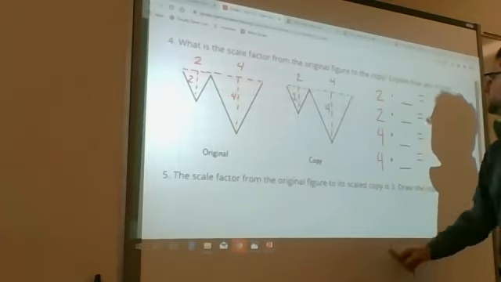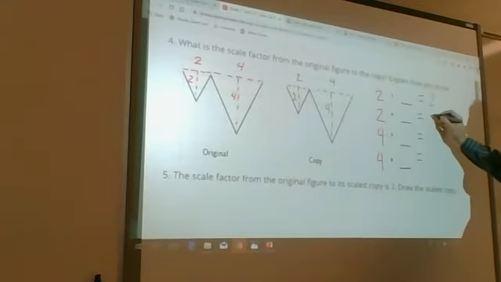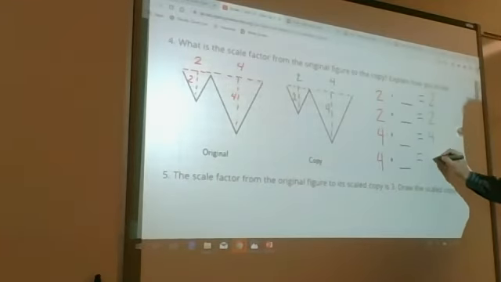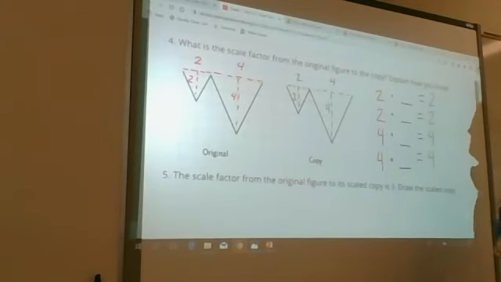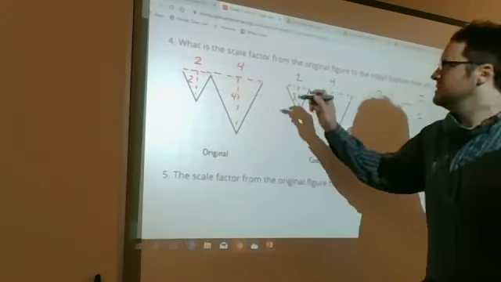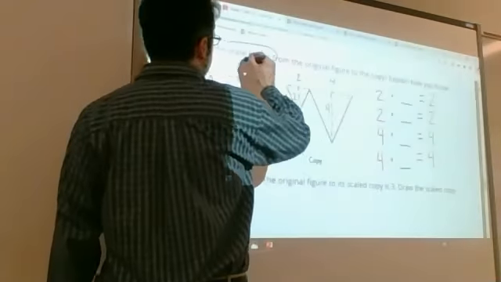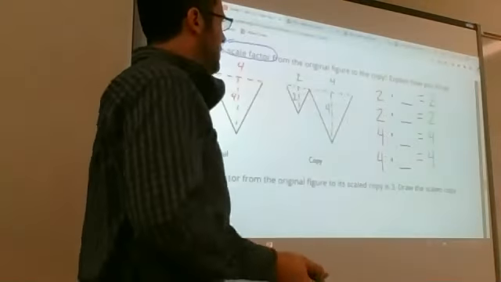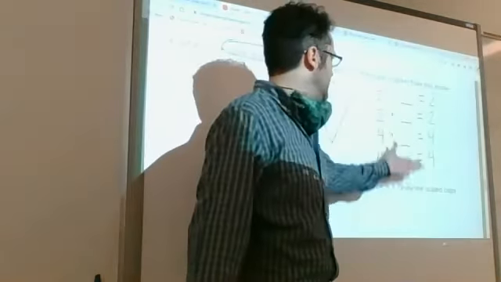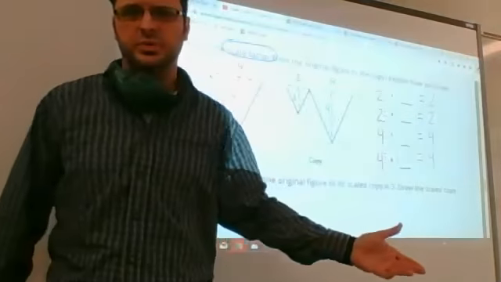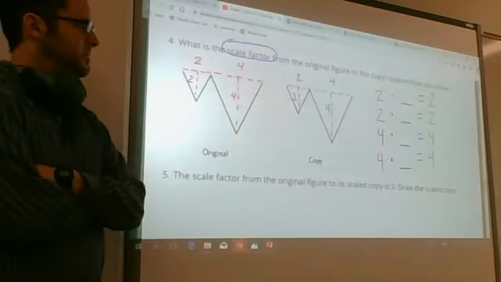Then our copy is also 2, 2, 4, 4. So what is the scale factor here? What number can I put in all these blanks to make this true? 1.